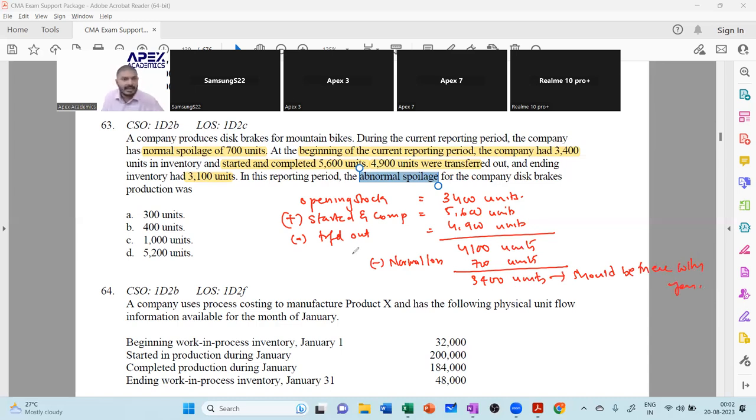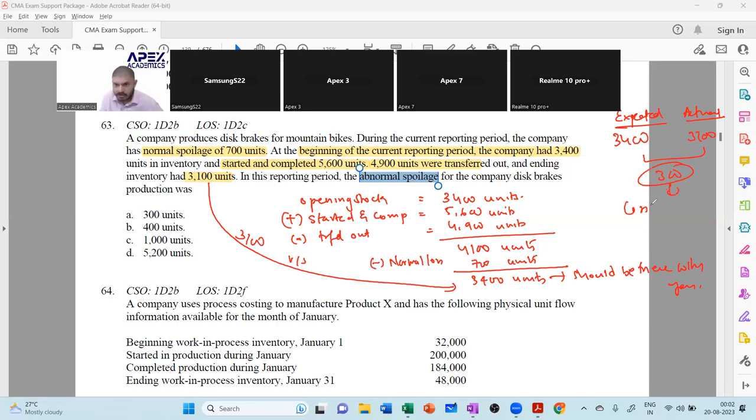How many units are there with you? 3,100. So you should have had 3,400, but unfortunately, you're left with 3,100. What's the difference? 300. What is this 300?